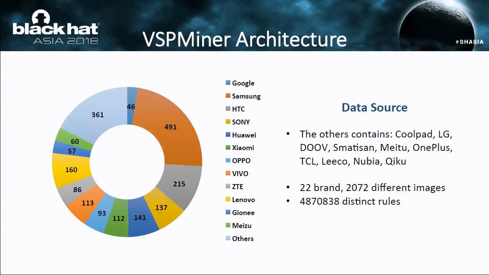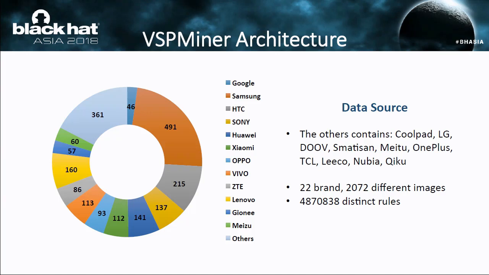After we collect large-scale data from the end users, we can filter it. We collect only 22 mainstream vendors, and you can see the others also contain several other brands. And finally, we get 22 brands and more than 2,000 different images. Here, a different image means different tuple information: brand, model, and version.